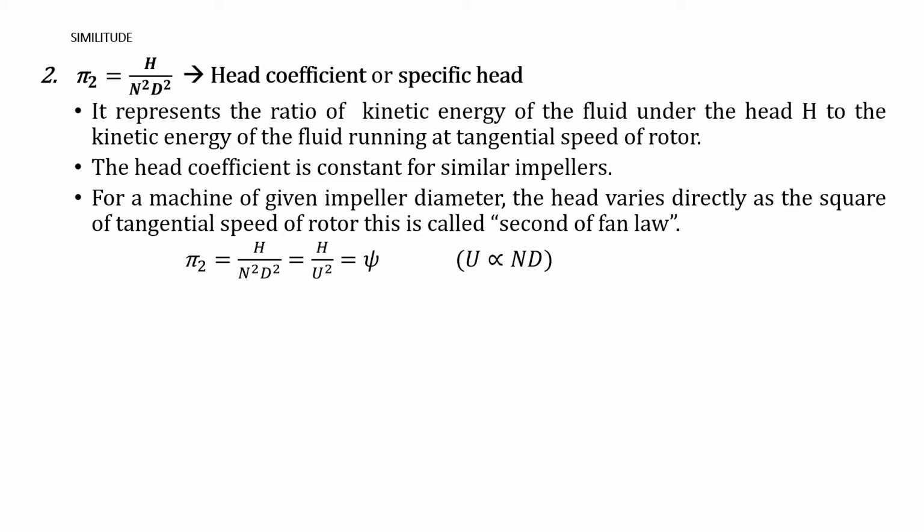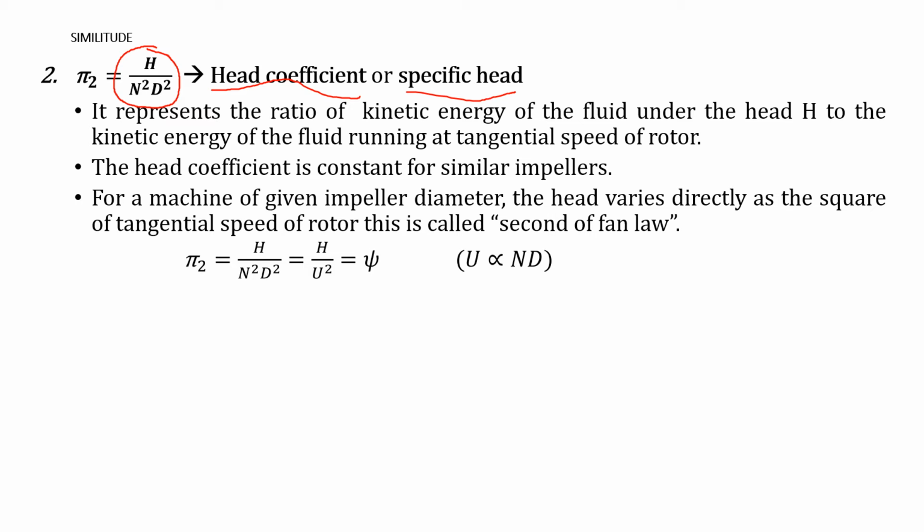The second pi term we got is H by N square D square, where H is head, N is speed and D is dimension. This ratio we call the head coefficient or specific head. It represents the ratio of the kinetic energy of the fluid under the head H to the kinetic energy of the fluid running at the tangential speed of the rotor.